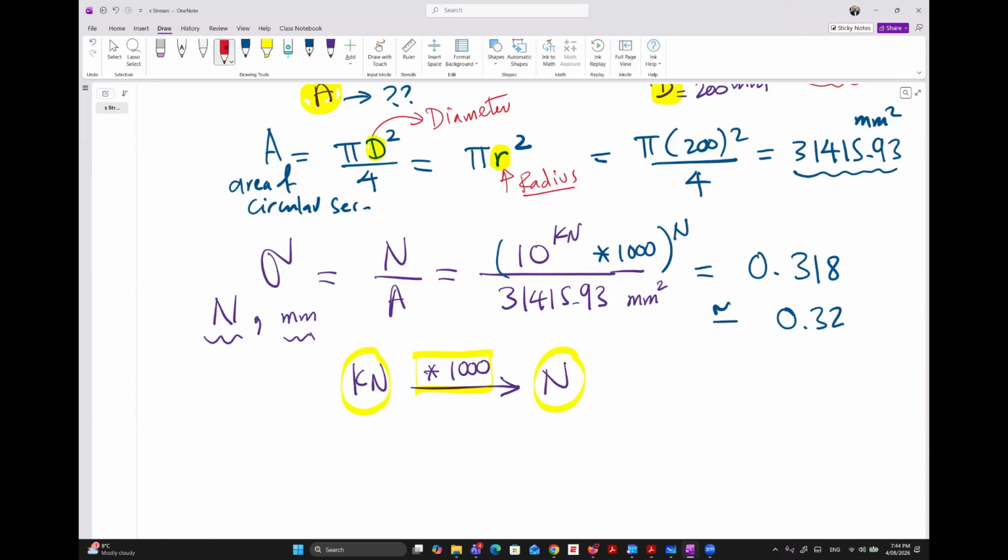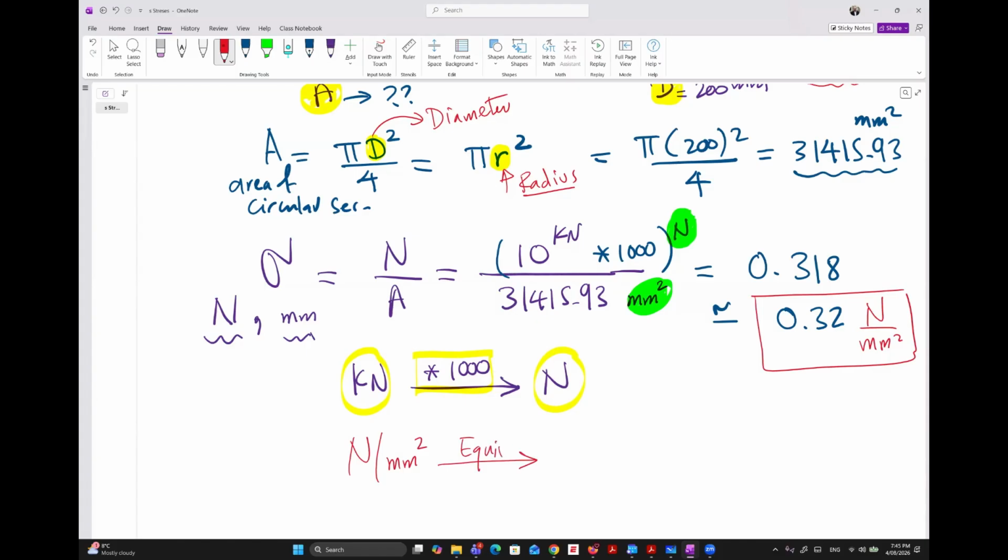If you look at the units, Newton per millimeter square. Yes, the numerator is Newton, the denominator is millimeter square. So the unit for stress should be Newton divided by millimeter squared. Do you know what is equivalent to Newton per millimeter squared?